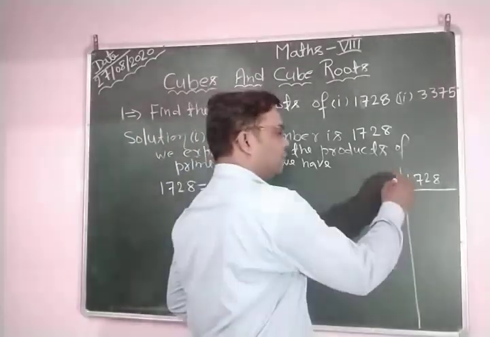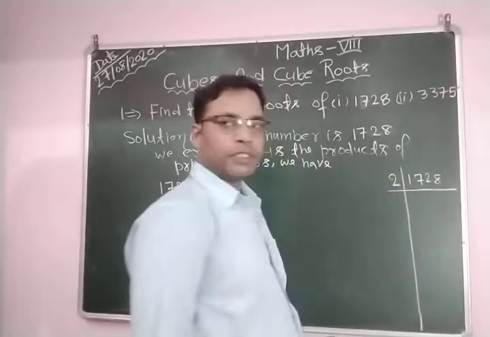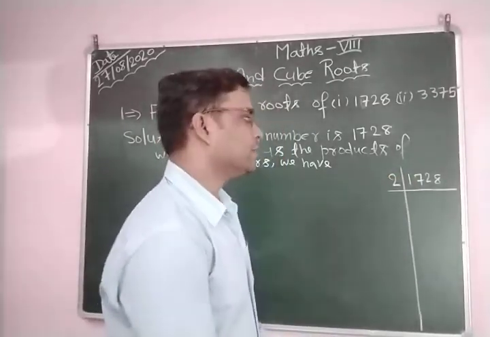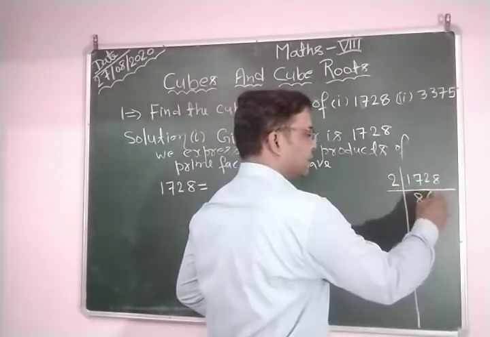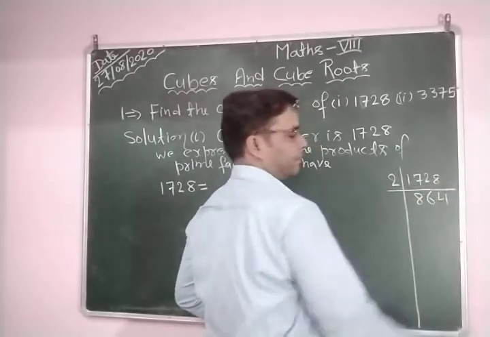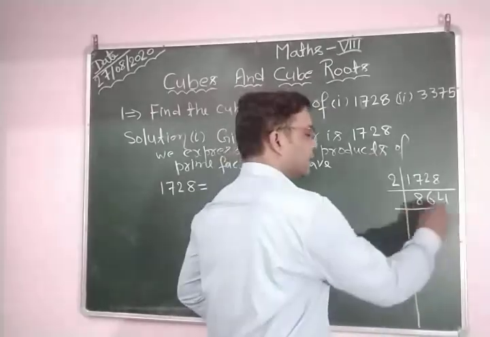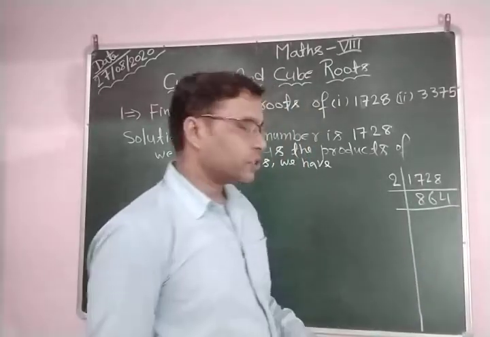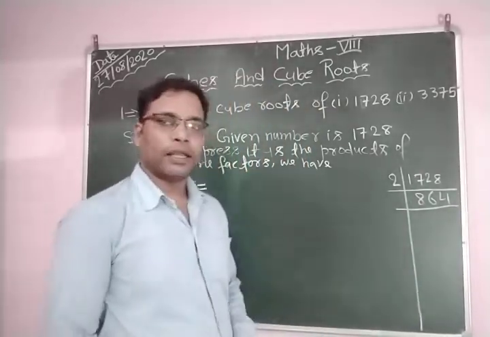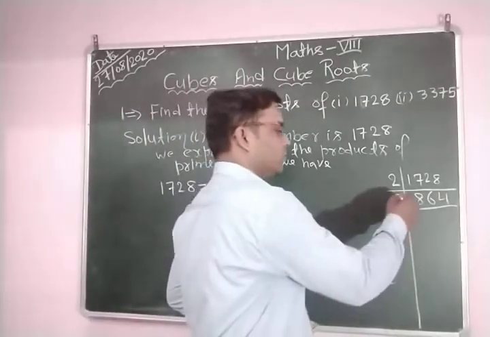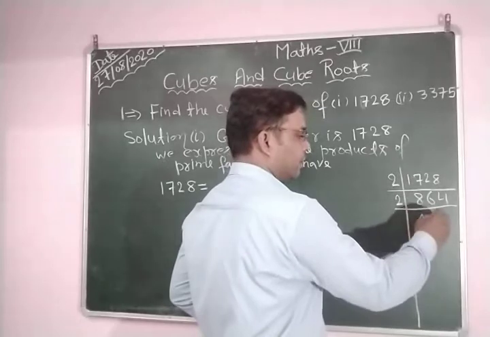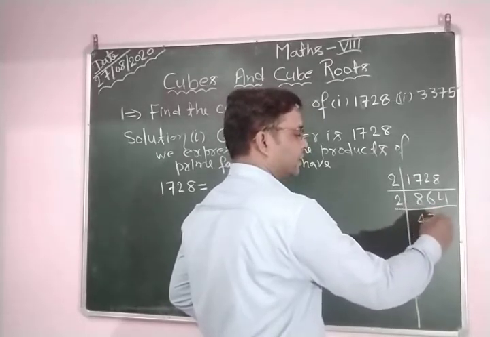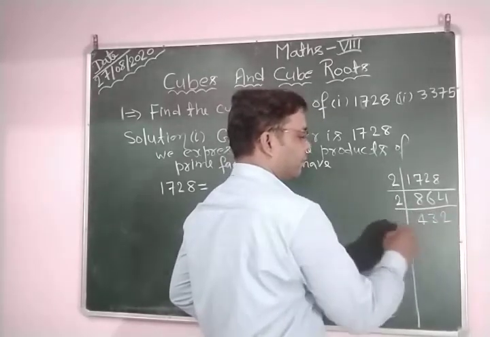If 2 divides 1728, we get 864. Again this number is also divisible by 2. If you divide by 2, you obtain 432.